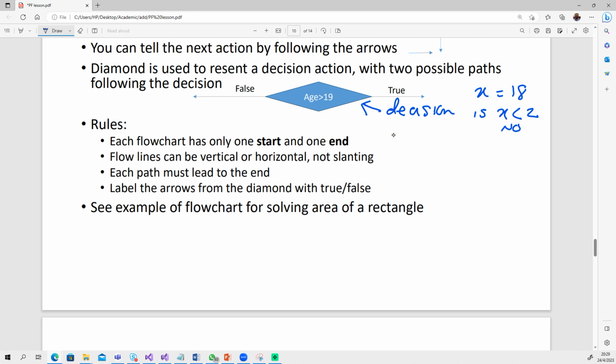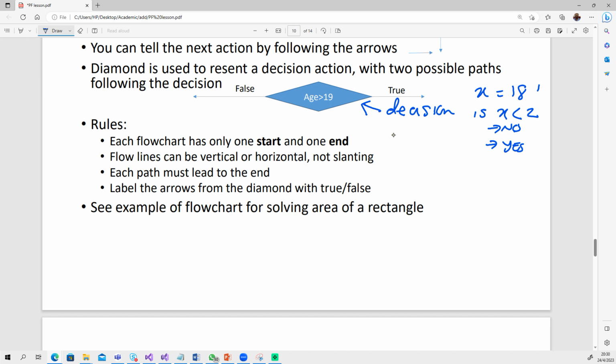I can say no. So the answer here is no, but sometimes it could be yes. For example, suppose x here was 1. In that case, is x less than 2? I could have said the answer is yes. So any condition, like we said earlier, has two possibilities. It's either a no or a yes, which could be true or false.